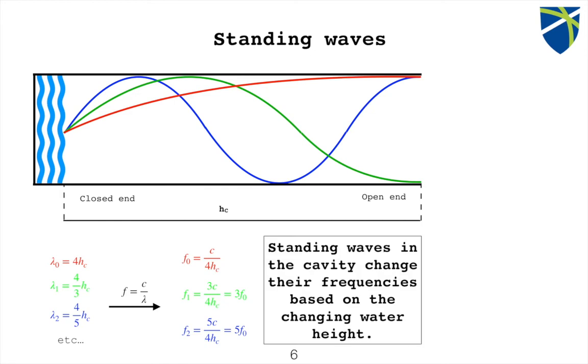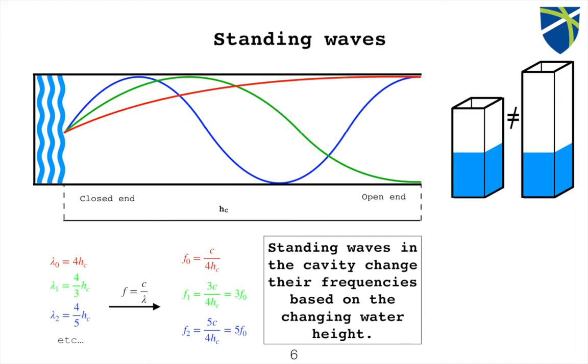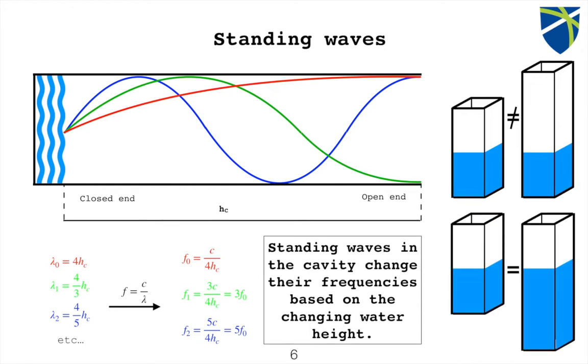And these of course change with a changing cavity height. So the first interesting observation is that not the amount of water already filled into the bottle is important, but the height of the cavity over the water surface.